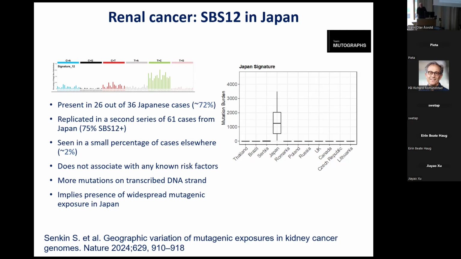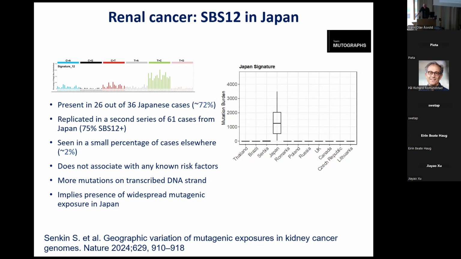You can treat the signature as something to study to try to find out what is the exposure which leads to it. That's similar to the work done in Romania, including looking at cases that migrated into Japan, to look at the determination of this signature.